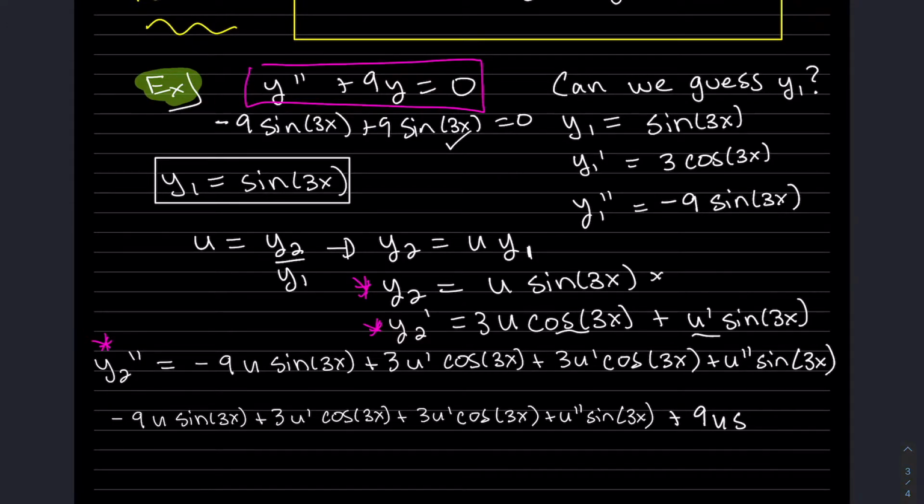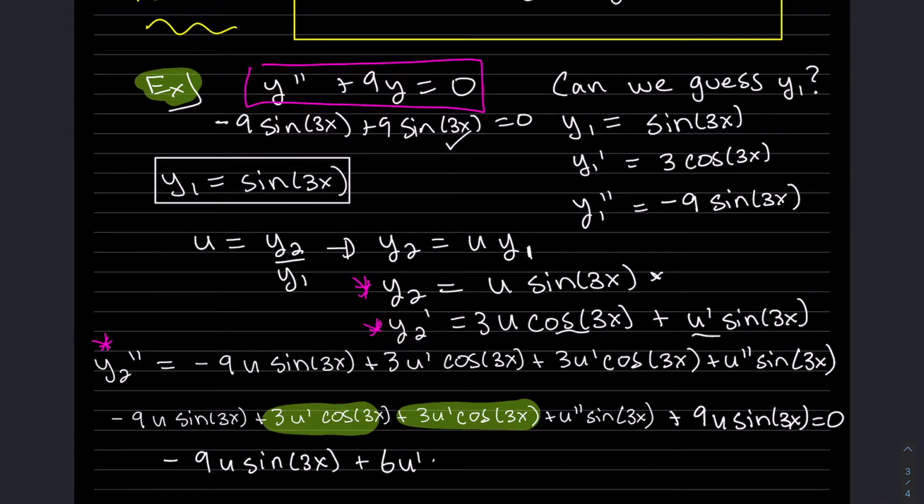This is our y. Equals 0. Remember what we said, the two middle terms are going to add. Oh, look at that. That cancels with that too. Even nicer.